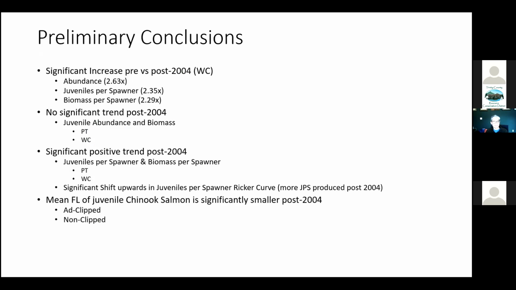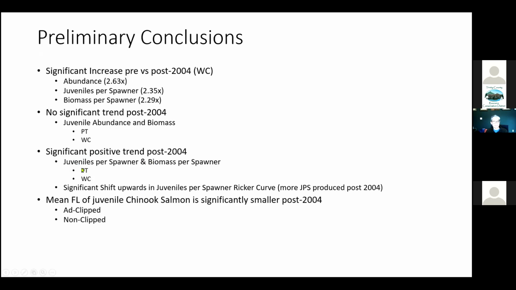A lot of that has to do with the decrease in adult spawners coming back, especially in more recent years, potentially masking any positive effects of habitat on juveniles.